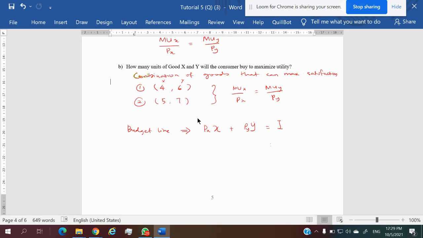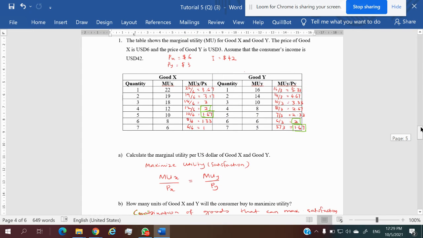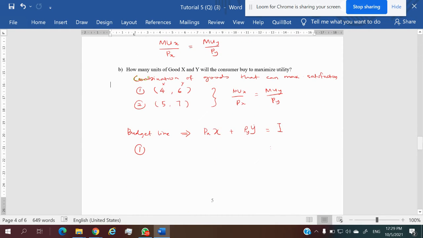Okay, so let's look at the first combination just now. Let's look at the price. Price of X just now is $6. Price of Y is $3. So here 6 times 4, plus 3 times 6.